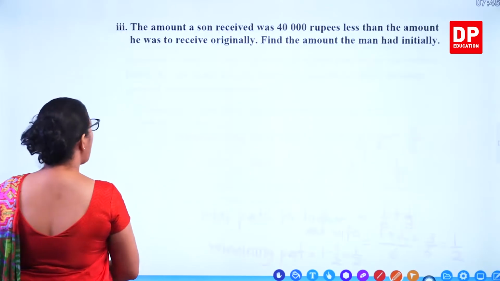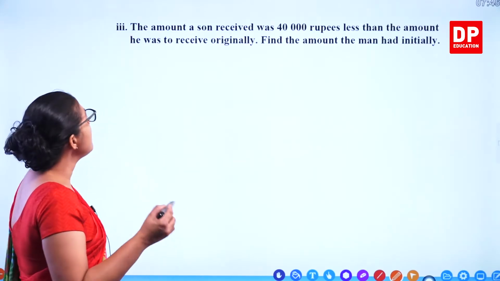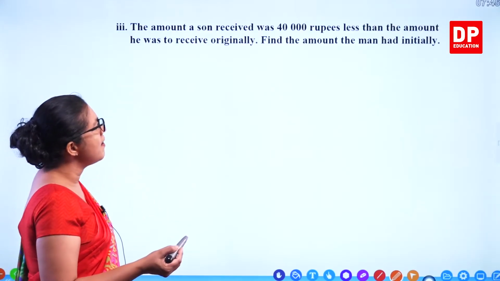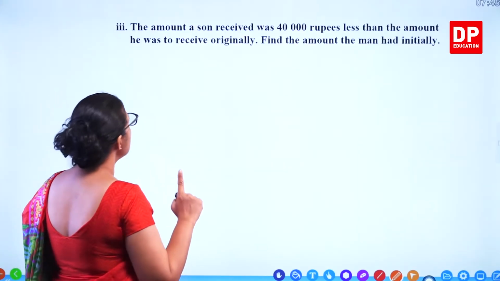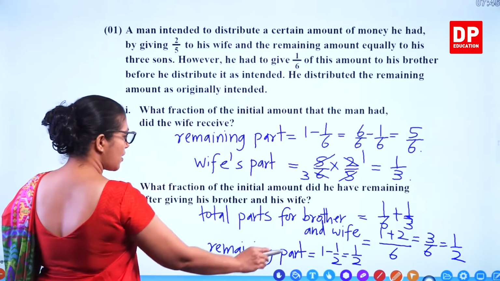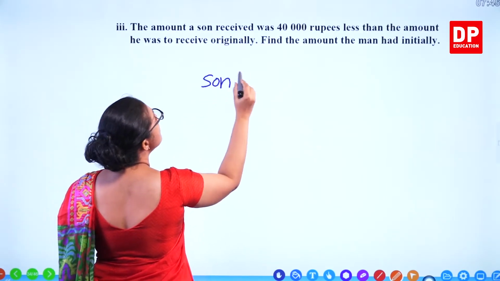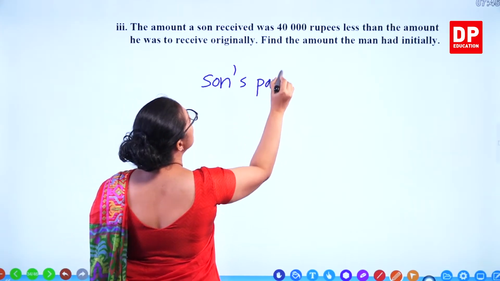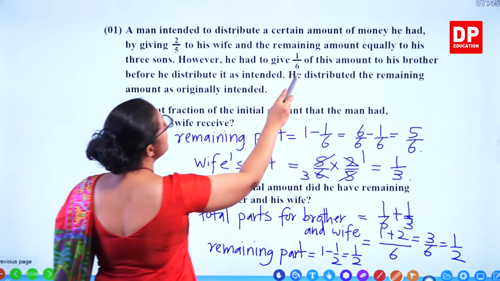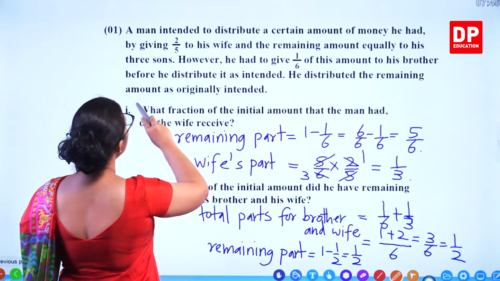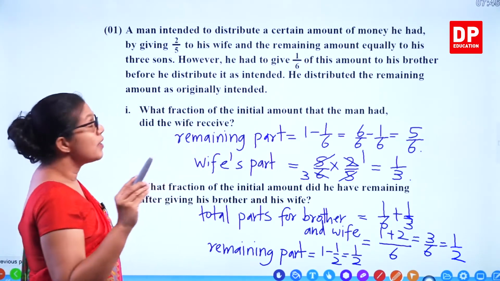Now we'll take the next part. The amount a son received was 40,000 rupees less than the amount he was to receive originally. Find the amount the man had initially. So what's the amount that a son receives? Now half of that. So the son's part, it says the remaining part is divided equally among his 3 sons.